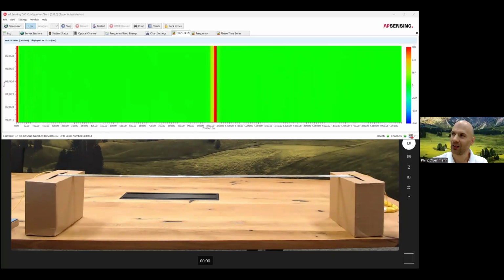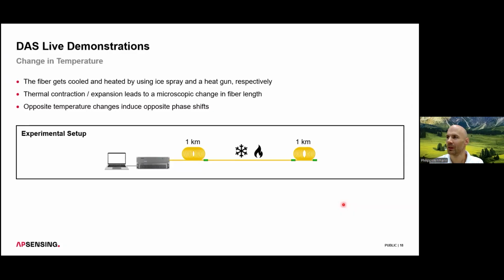Okay, then the second experiment I want to show. For this, I need to change my screen once more. Can you see the original presentation now? Yes, we do see the original presentation.